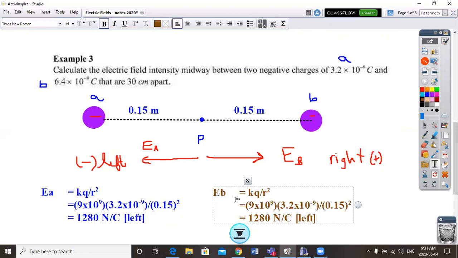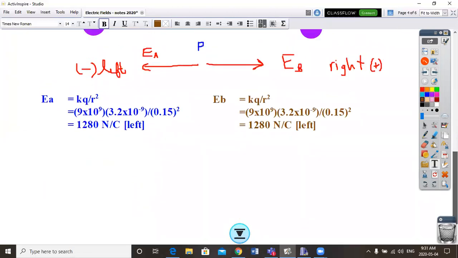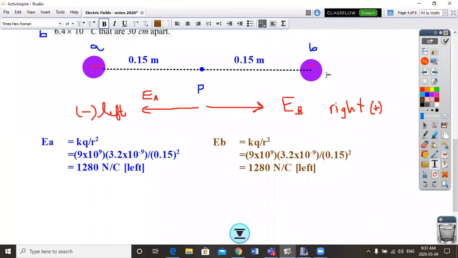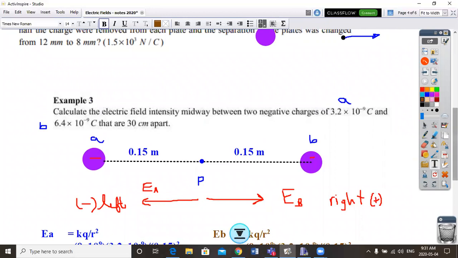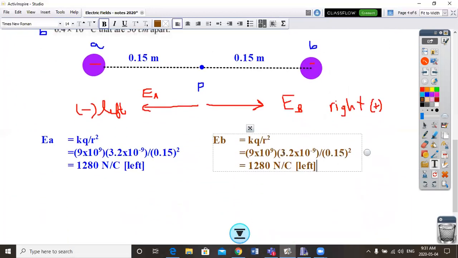So the field due to charge B will equal kQ over r squared, and now we have to use QB. QB is 6.4 times 10 to the power of negative 9, divided by the distance squared.